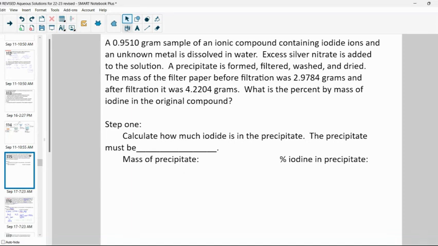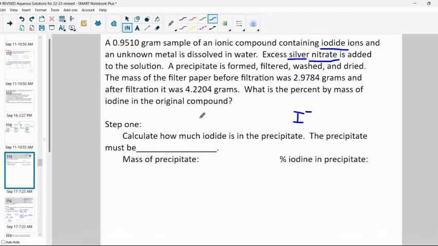Now, since we know a little bit about chemistry, it says it's all about the iodide ions, so it's all about I minus. So something has to react with this to form a precipitate. The only other thing they mentioned was silver nitrate.